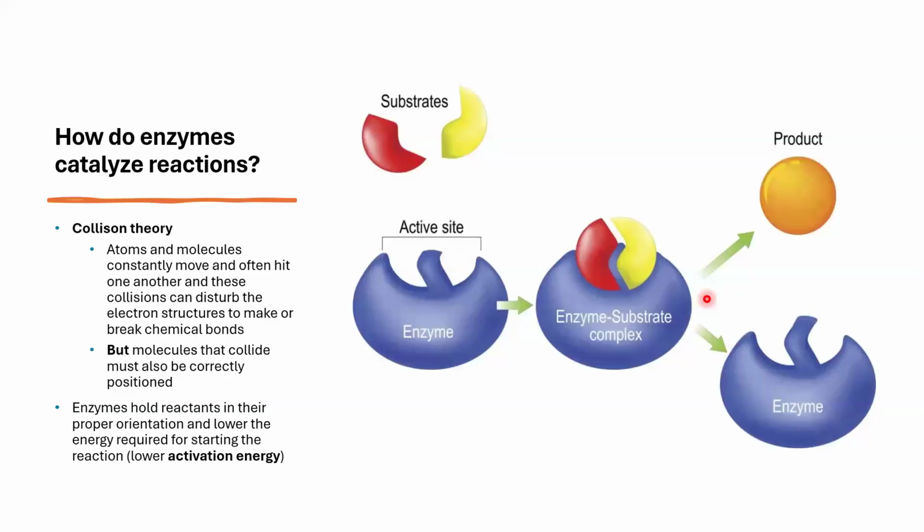All right, so how do these enzymes do their job? Well, without enzymes, there's this idea of collision theory where two substrates will eventually come into contact and you will get a product, right? But the chance that they collide at the right amount of energy and in the right position is unlikely.